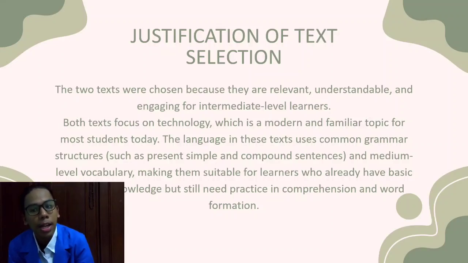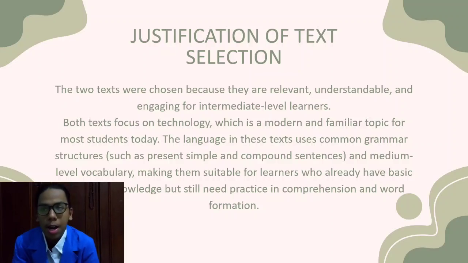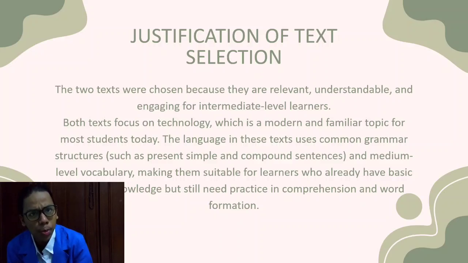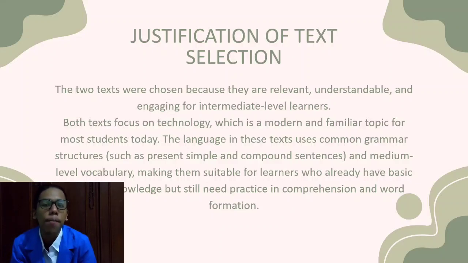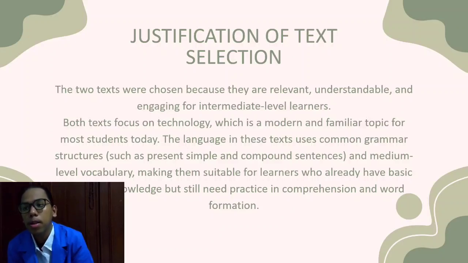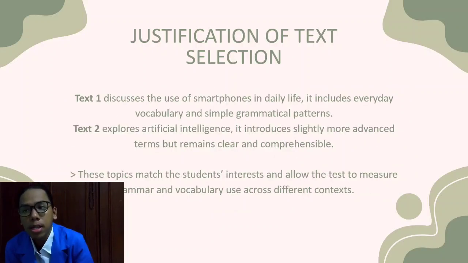So the language in these texts uses common grammar, such as present simple and compound sentences, and medium level vocabulary, making them suitable for learners who already have basic grammar knowledge but still need practice in comprehension and word formation. Text 1 discusses the use of smartphones in daily life.